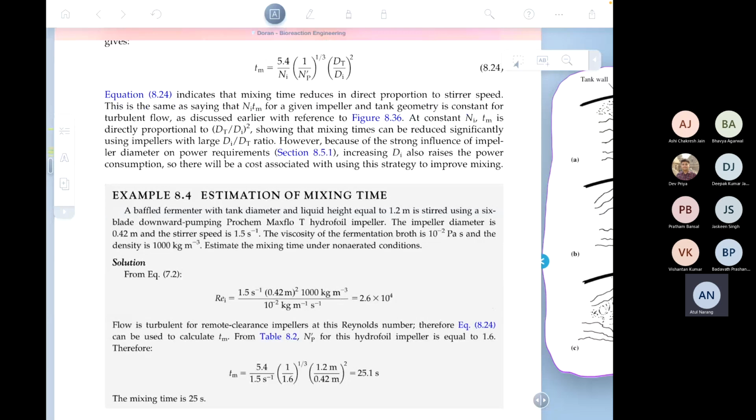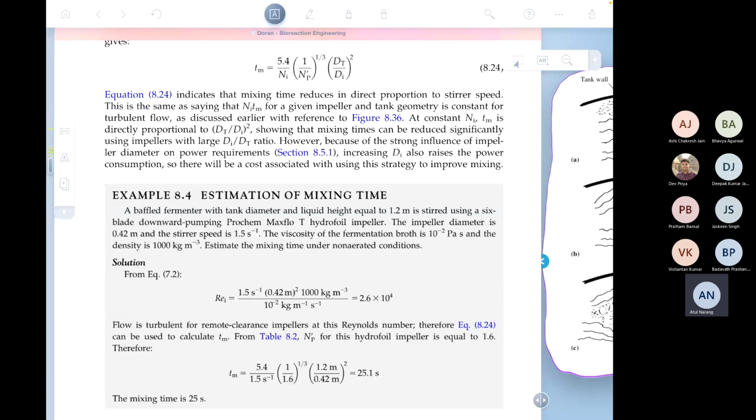The impeller diameter is approximately 0.4 meters, and the stirrer speed is around 100 RPM, 1.5 per second. The viscosity of the medium is 10 to the minus 2, which is, I guess, kind of high. And the density is 1000.